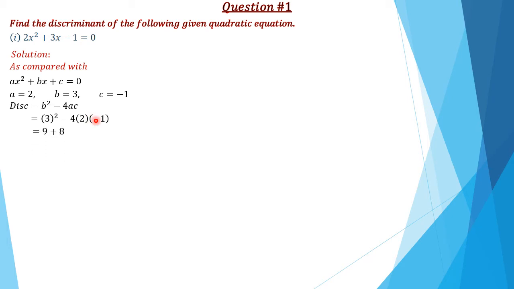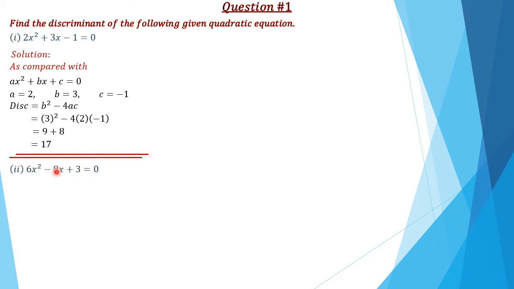After simplification, you will get this value. In this question, this is the simplest answer. Nothing more we have to do, and that is your answer. There are 4 parts of this question, and students, this is so simple that you can do it by yourself, because you just have to put the values inside the discriminant.